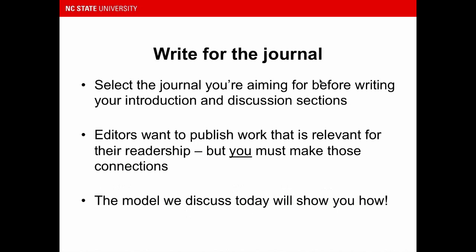But I say it's very critical to aim for a particular journal when you're writing your introduction and discussion sections, because this has to speak to the audience of the journal readers. And the way you set up your introduction has to make your work seem significant and important and new for those particular audience members. And it's up to you to make those connections.